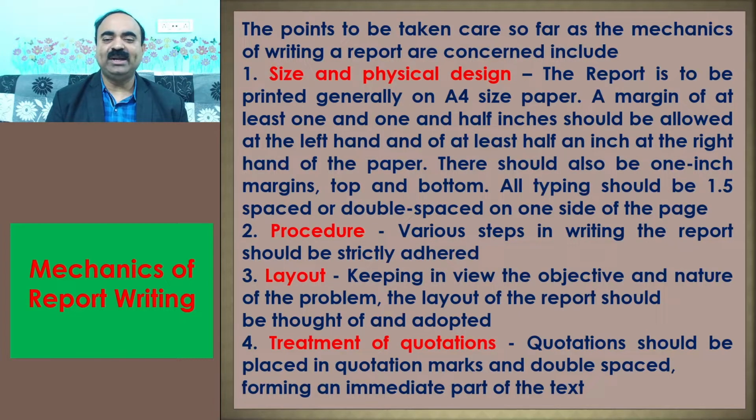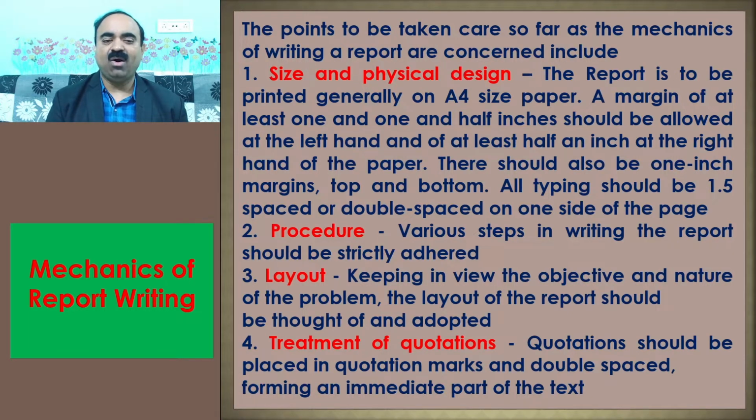The points to be taken care of so far as the mechanics of writing a report are concerned include: 1. Size and physical design. The report is to be printed generally on A4 size paper.